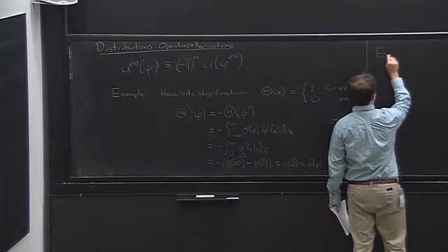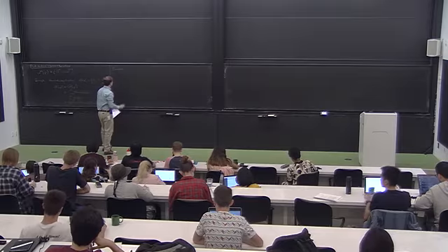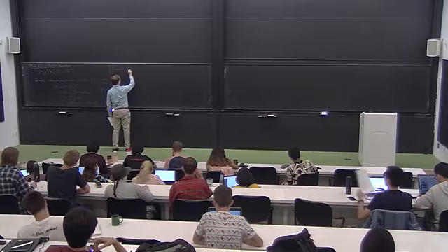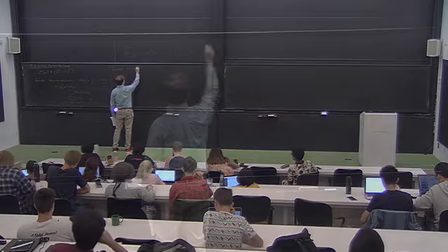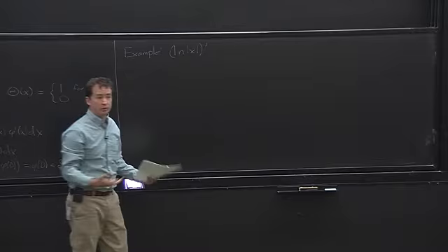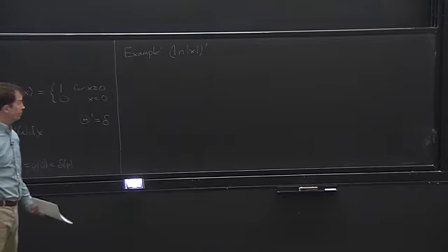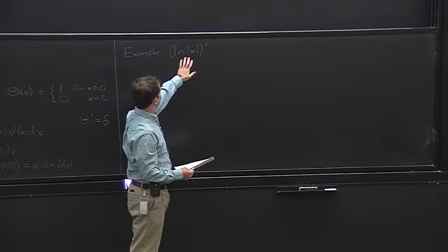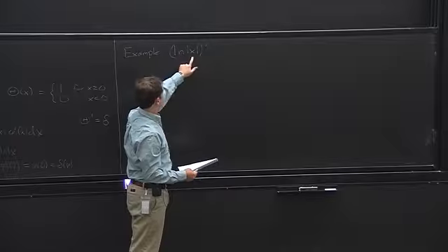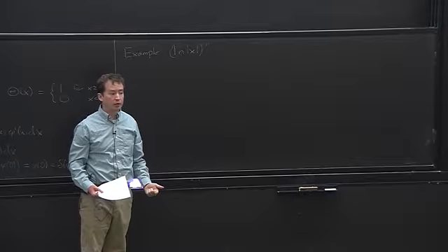Let's look at a somewhat more involved example. So let's suppose we want to compute the derivative of the natural log of the absolute value of x as a distribution. So the derivative of the natural log of x as a function is just 1 over x.